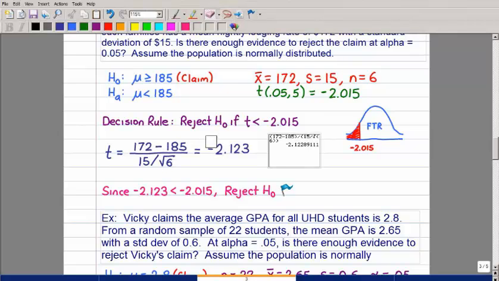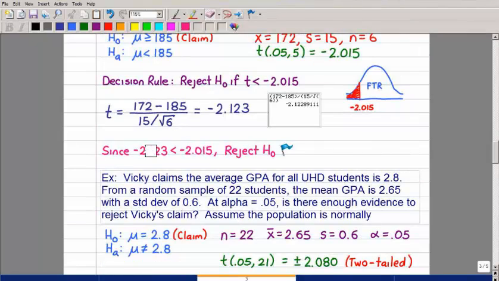And I get negative 2.123. That's a little close to negative 2.015, but it would be in the shaded rejection region. It is less than it. Pretty close, but it's less than. So we would definitely reject the null hypothesis.